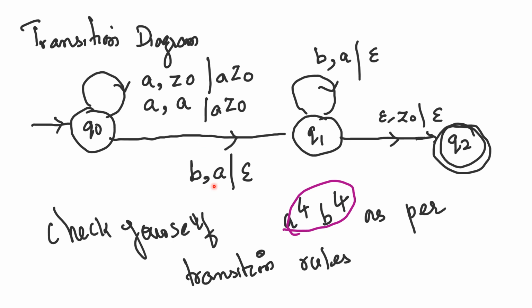If you are reading a different character, that means B, and stack symbol is A, it goes from Q0 to Q1, and the stack is popped. And if you are reading again, still Q1, B, A, so still in Q1 only. If you are reading epsilon, the stack is Z0, you make everything empty and it goes to the new state. Okay. So this is the way of solving the problems.